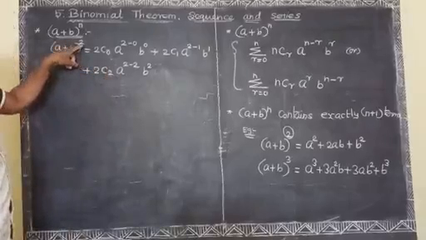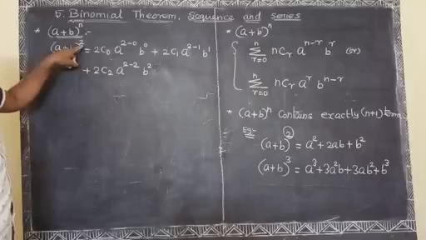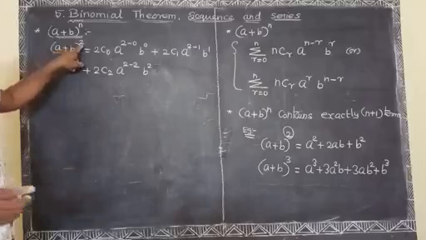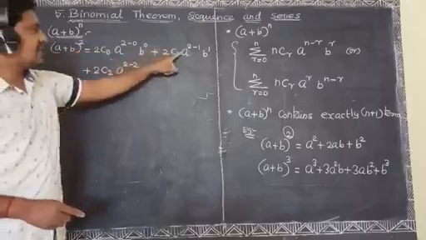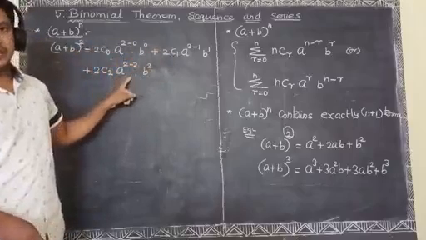The whole power 2, n equal to 2, means the expansion contains 3 terms, isn't it?